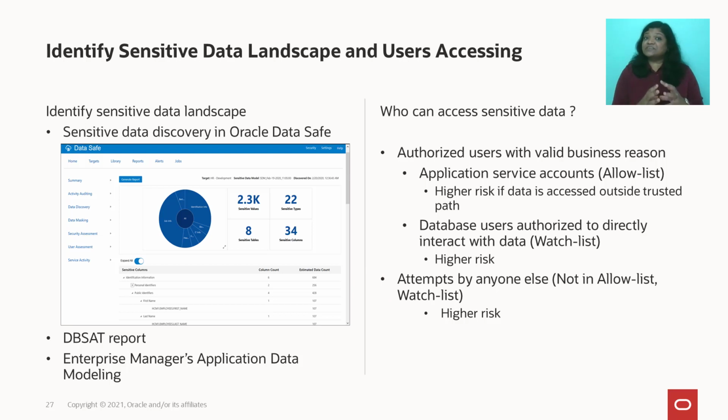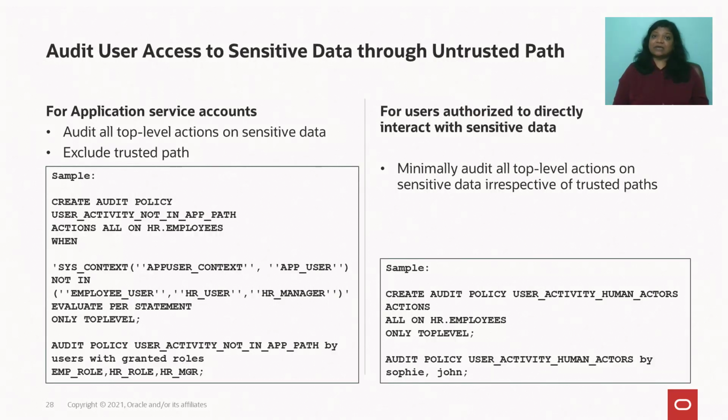Now that you have identified the sensitive data landscape and the users who are authorized and not authorized to access the data, you can configure audit policies for sensitive data access. So just as we described, for application service accounts, create a custom audit policy to audit actions outside the trusted application paths.